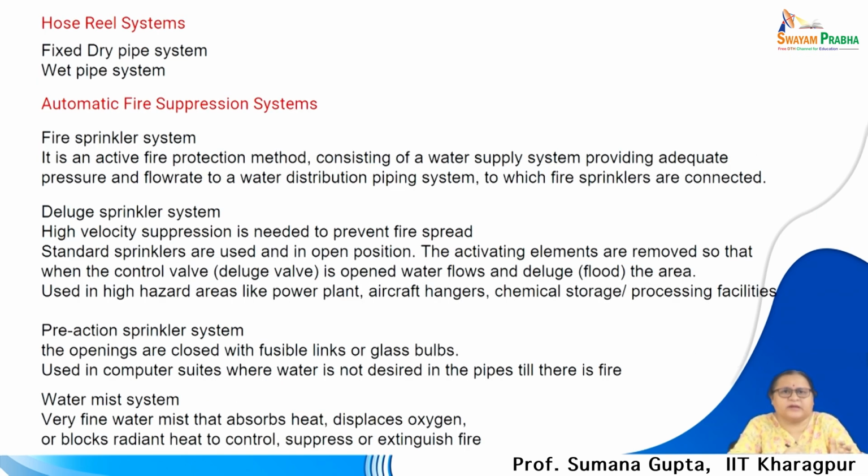Now, when we talk about the active fire control system, as I have talked about the standpipe system, there are two kinds coming under the standpipe system or the hose reel system: one is the fixed dry pipe system, the other is the fixed wet pipe system.